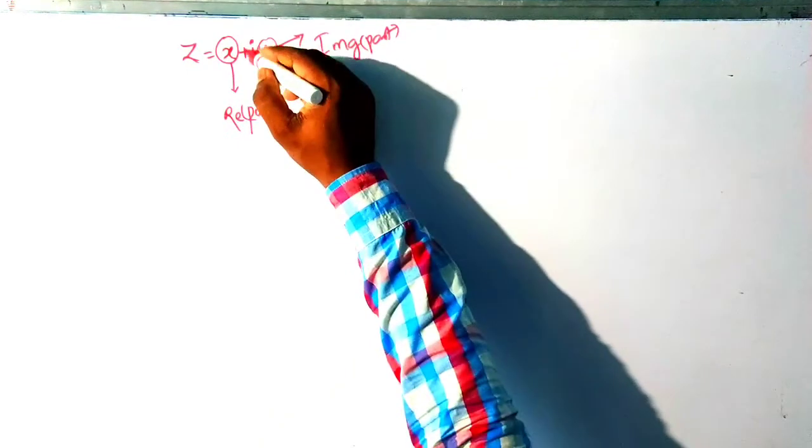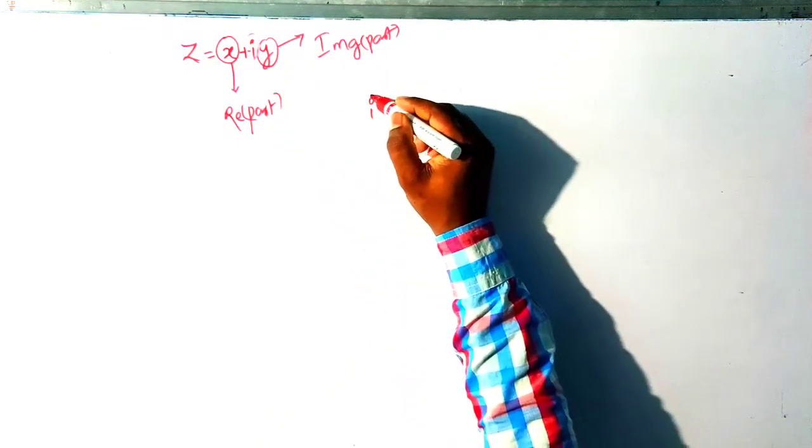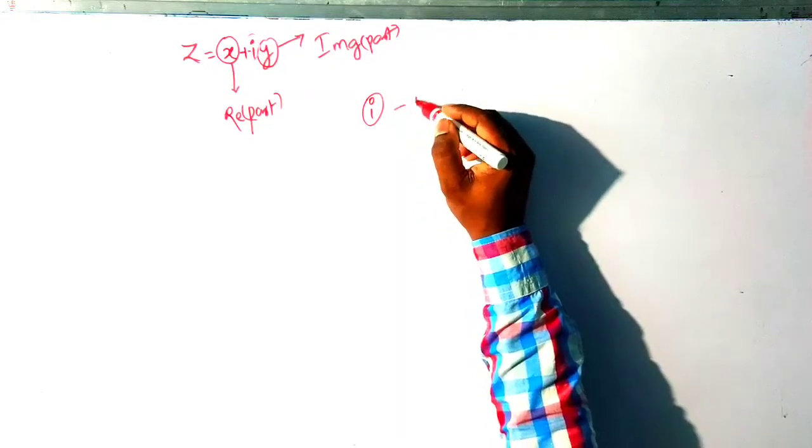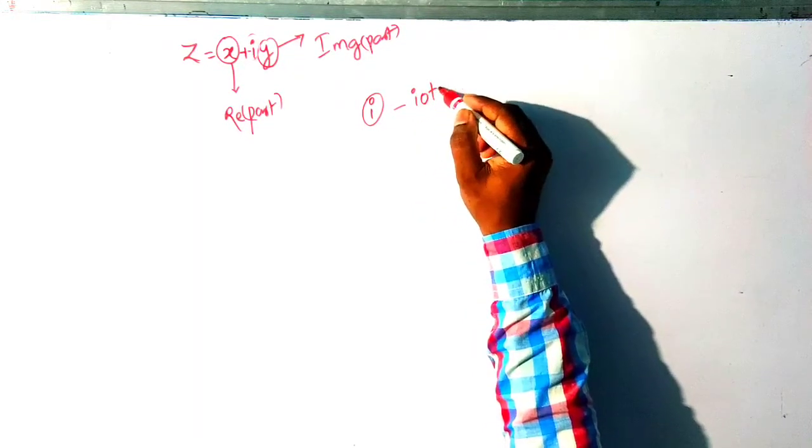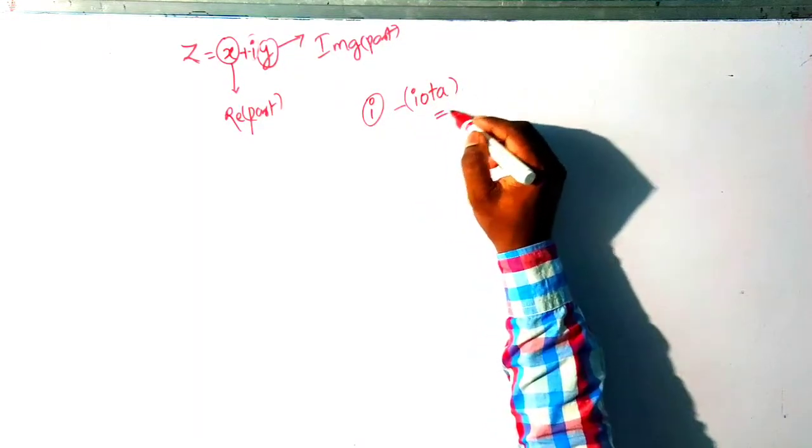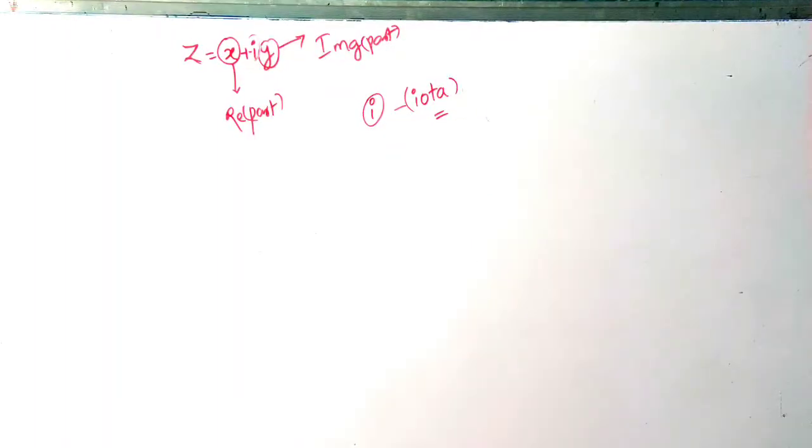Okay, so real part of z and imaginary part of z. Here i is nothing but the imaginary number that is denoted by i, and that is called iota. Now we discuss iota and we'll do some problems on iota.